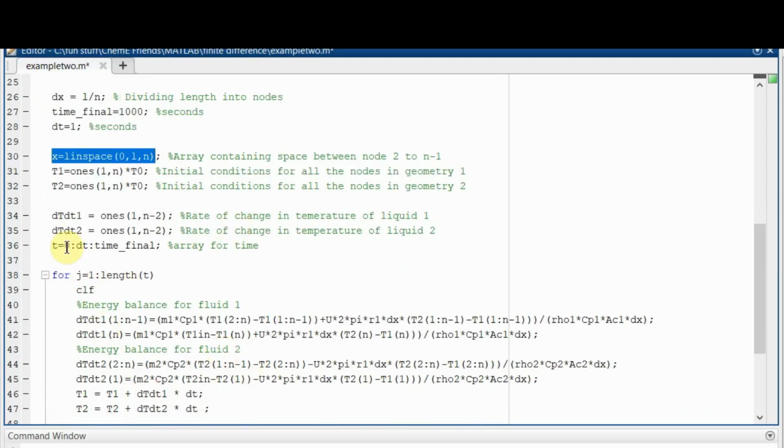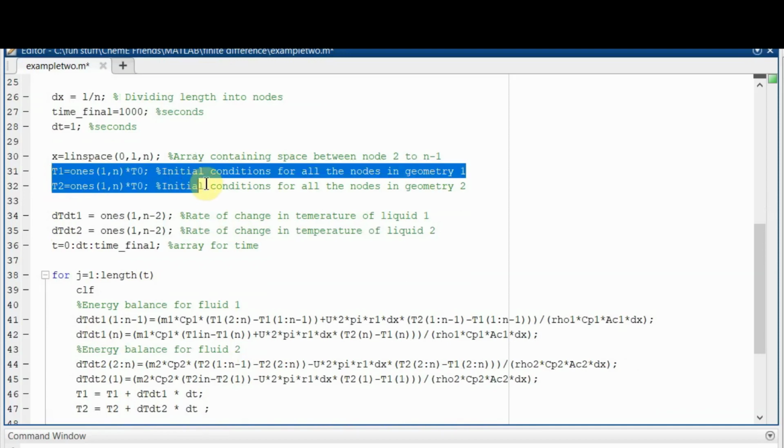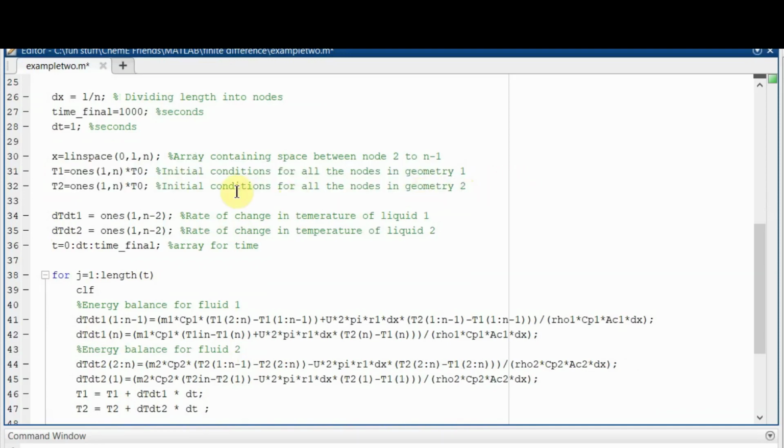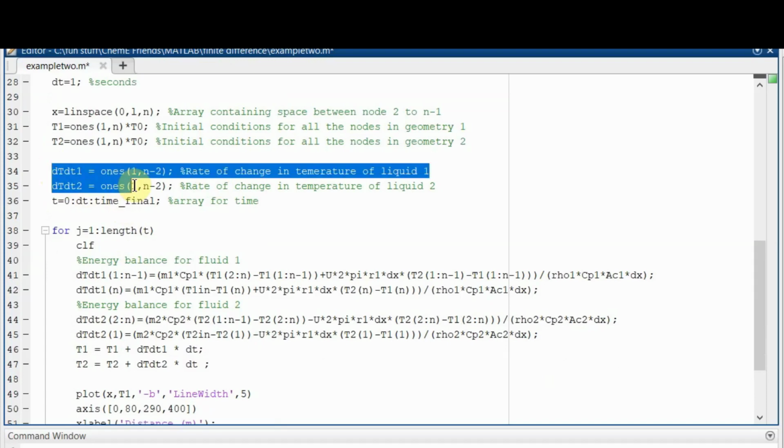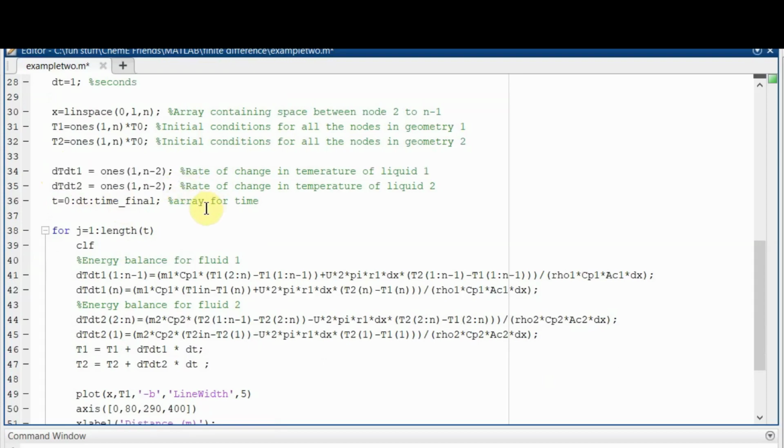And we need to create an array which consists of the initial conditions for T1, which is the temperature of the inner tube, and T2, which is the initial condition for the temperatures in the outer tube. And we will be initializing the time derivatives of both cases.